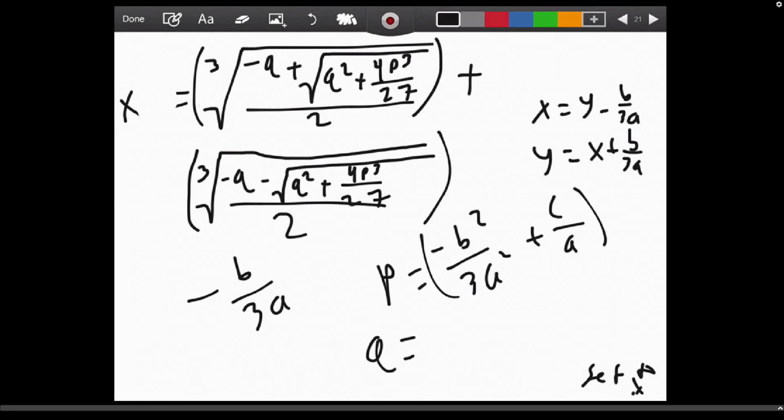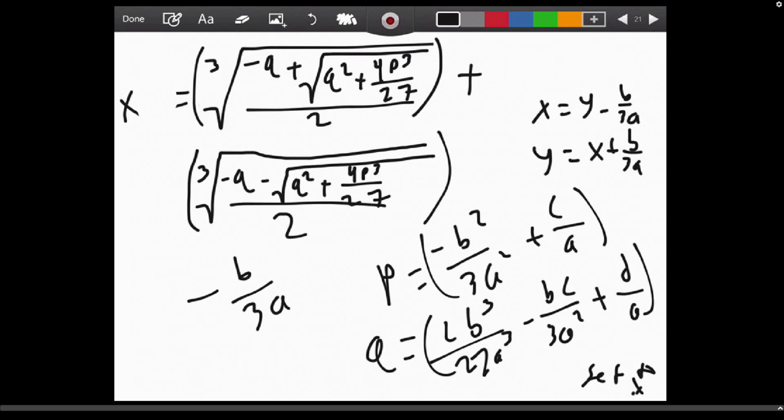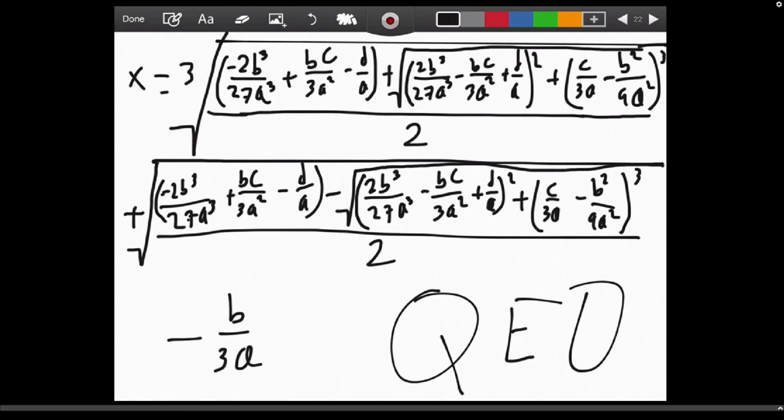Q is equal to 2b cubed over 27a cubed minus bc over 3a squared plus d over a. And if we substitute this all in, I'm not going to do the algebra because that takes way too long. I have it pre-written here. We get this final monstrous equation. This is the final cubic formula.